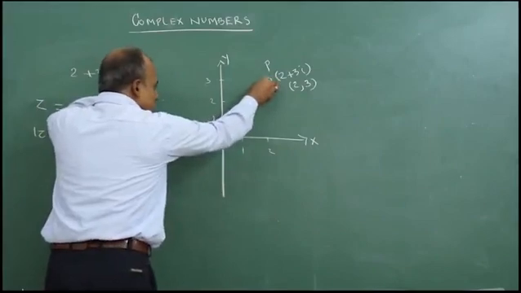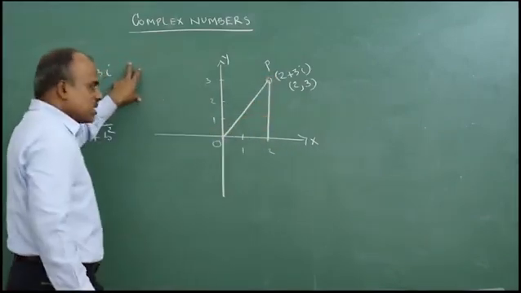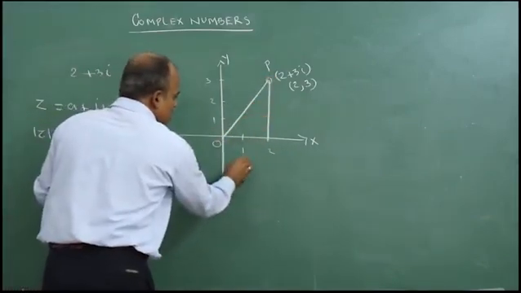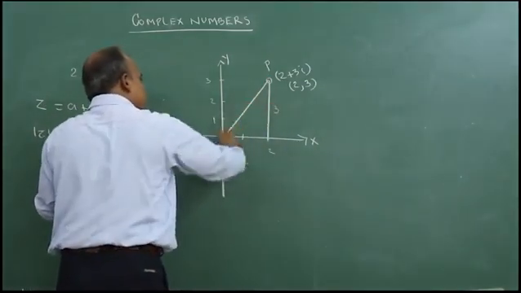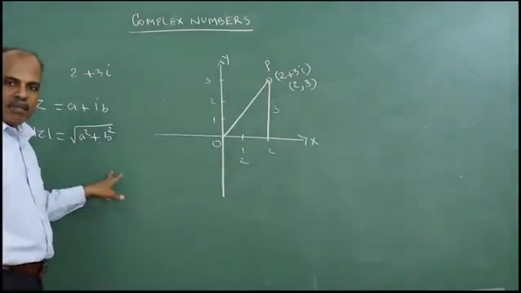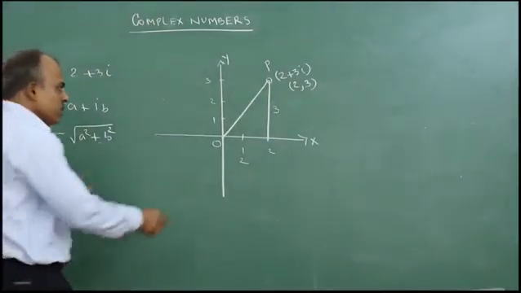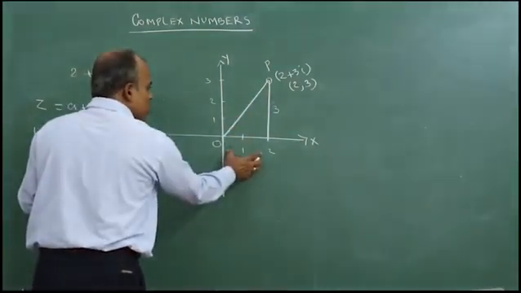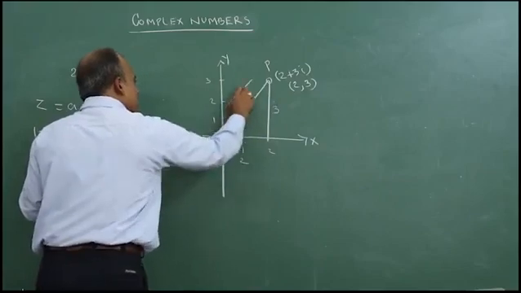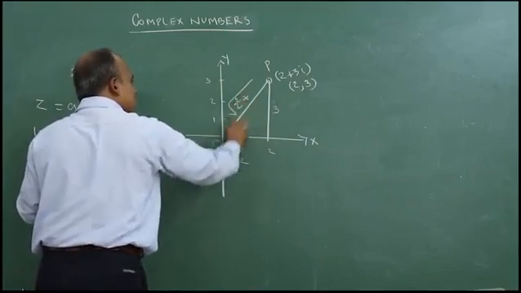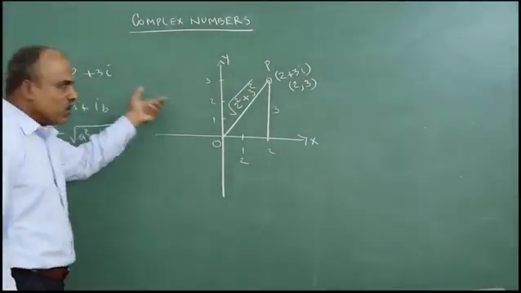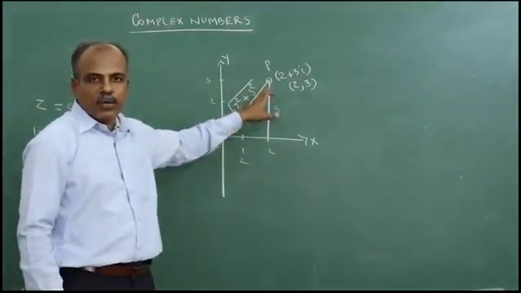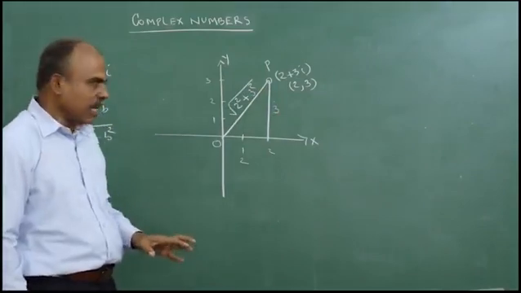Draw a perpendicular from P to the x-axis; the base length is 2 units and the perpendicular length is 3 units. By Pythagoras theorem, the length OP is the root of 2 square plus 3 square, which is the modulus of the complex number, 4 plus 9, that is equal to square root of 13.